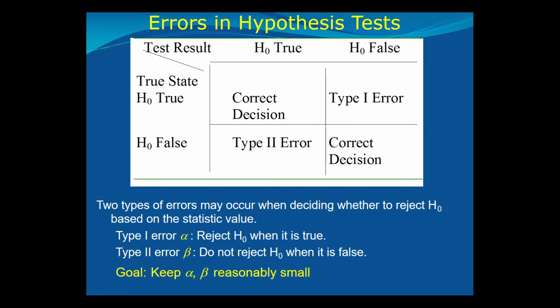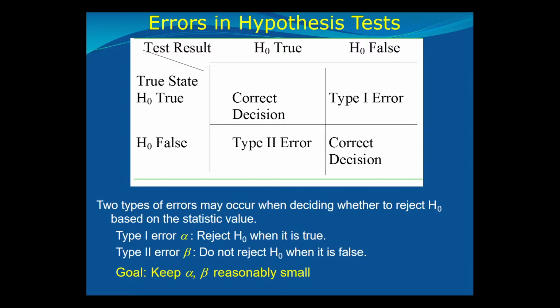Type 1 error, we usually denote as alpha. The first type means that we reject H0 when it is true. And type 2 error, we denote as beta. We don't reject H0 when it is false.